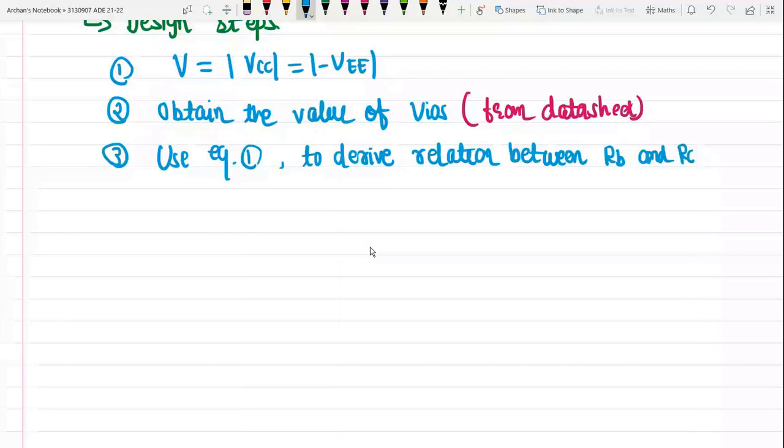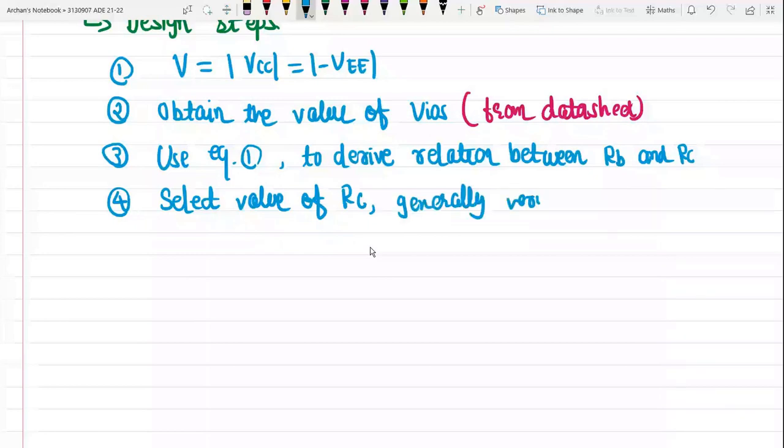We know the value of RC is generally very small, and we will assume a value of less than 100 ohm. So this is what we require.